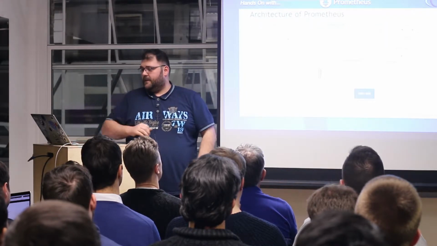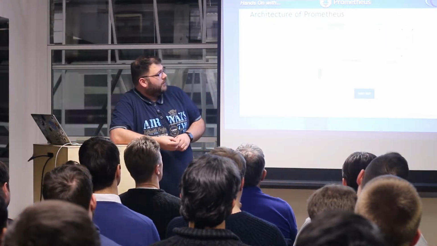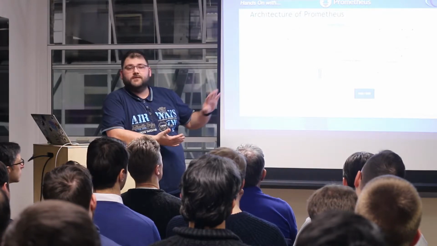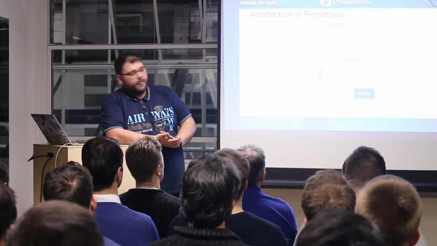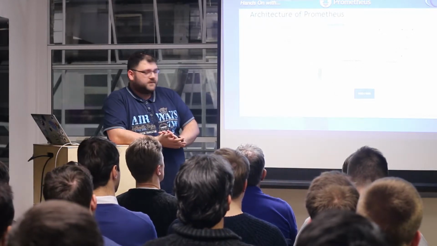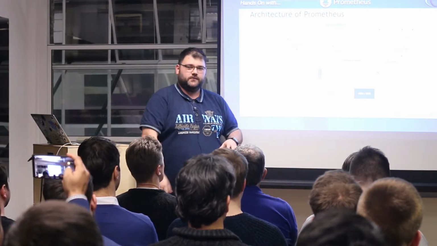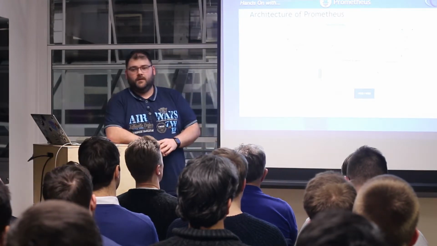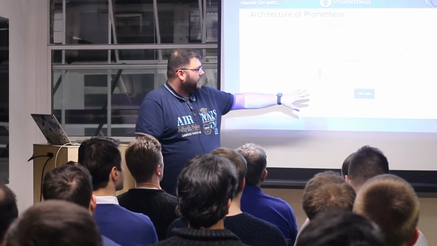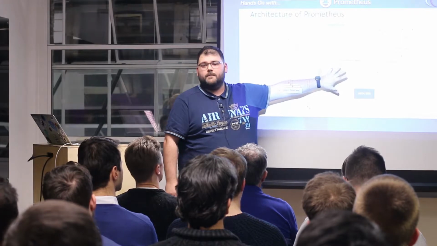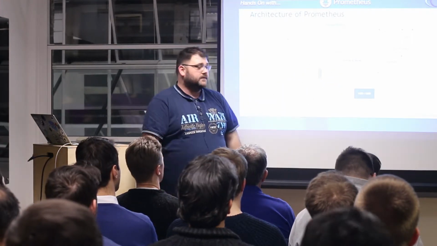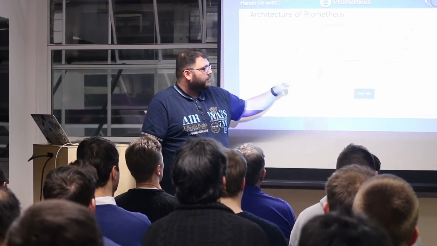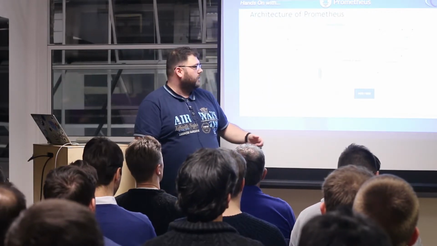Architecture next. It looks complex at first, but it's not that bad. As I said, Prometheus is mainly working in a single binary approach, where the Prometheus server is one single binary, and there are lots of other little binaries that help us do the work.